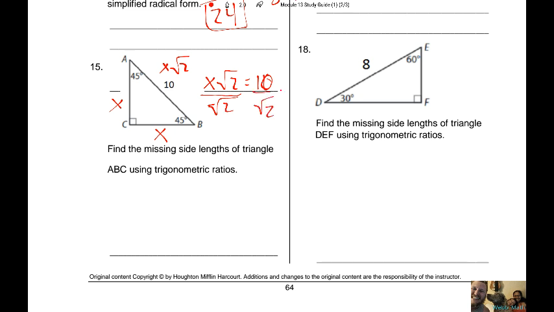You can't have a radical in the denominator, so we're going to multiply numerator and denominator by square root of 2. You should get, for x, 10 square root of 2 all over 2, which will give you your sides here. 10 divided by 2 is 5, and the square root of 2. And since that guy is 5 square root of 2, then you know that AC is also 5 square root of 2. 45 45s.